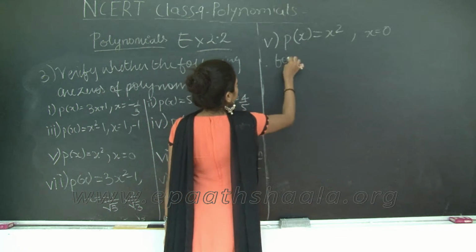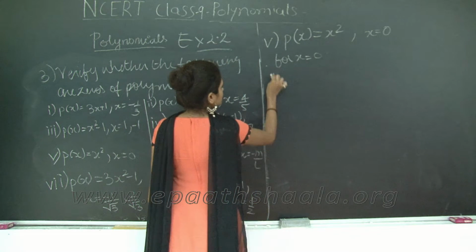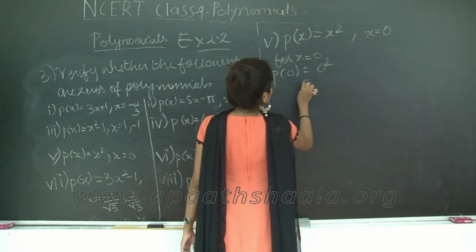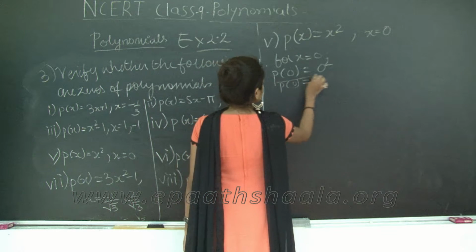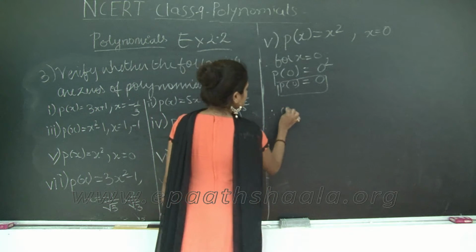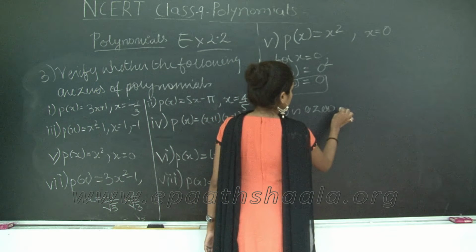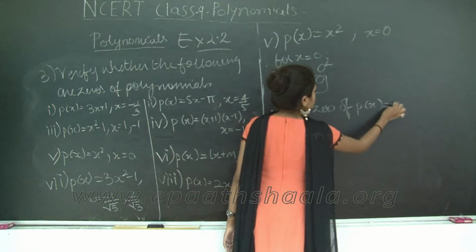So for x is equal to 0, I am going to substitute x is equal to 0 in this expression. P of 0 is equal to 0 square, which is equal to 0, right? Therefore 0 is a zero of polynomial P(x) is equal to x square.